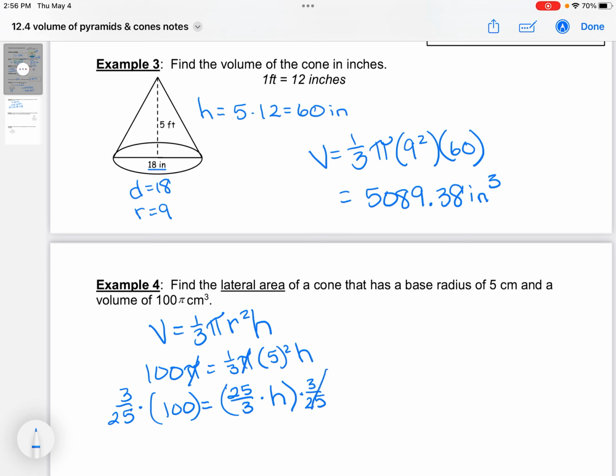I can just flip it over and multiply both sides by 3/25 because these guys cancel out because they make 1. So I have 300/25 equals h, and 25 goes in 4, 8, 12. So h equals 12.